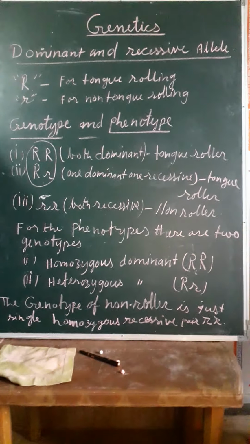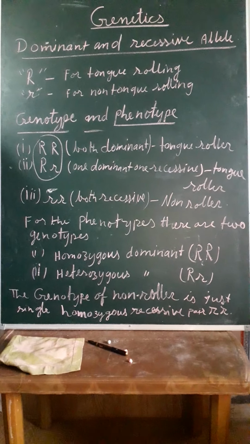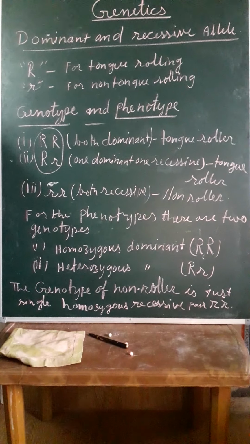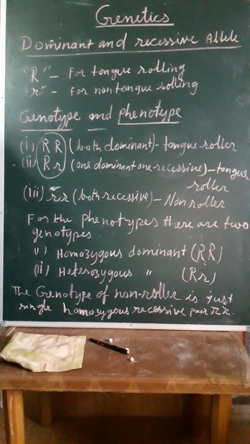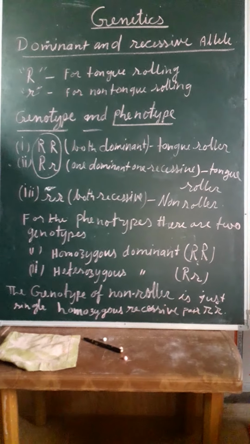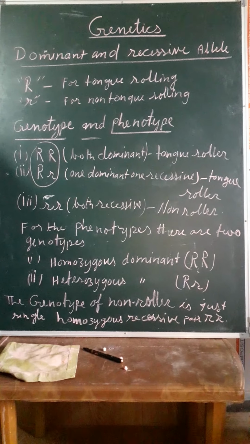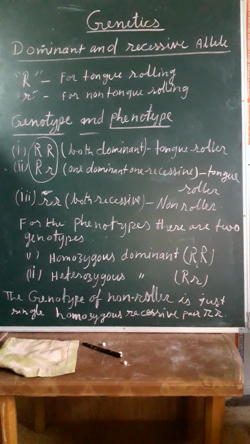For this, we take the example of tongue rolling. Many people can roll the tongue when it is protruded out, but some cannot. Most of them can do it, but a few may not.